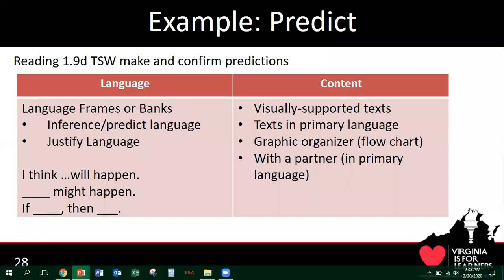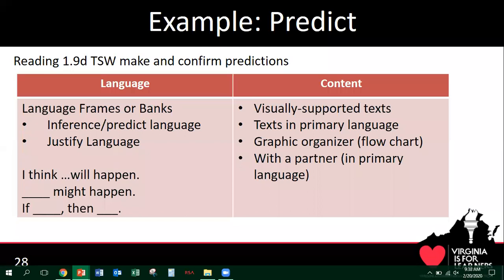How do my students make and confirm predictions? What is acceptable at first grade? And then I'm creating the frames from that. So it might be, I think blank will happen, or blank might happen, or if then. So really thinking about what is that language of prediction.